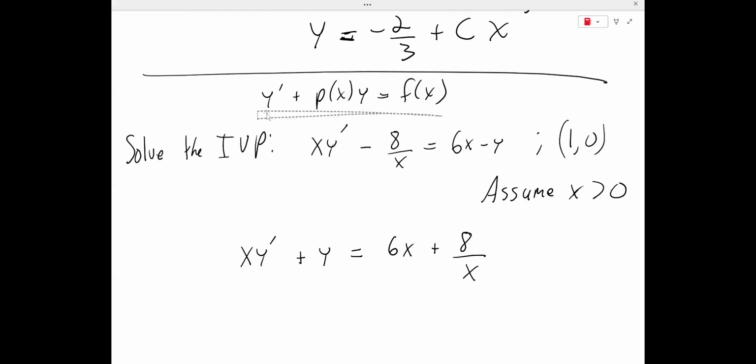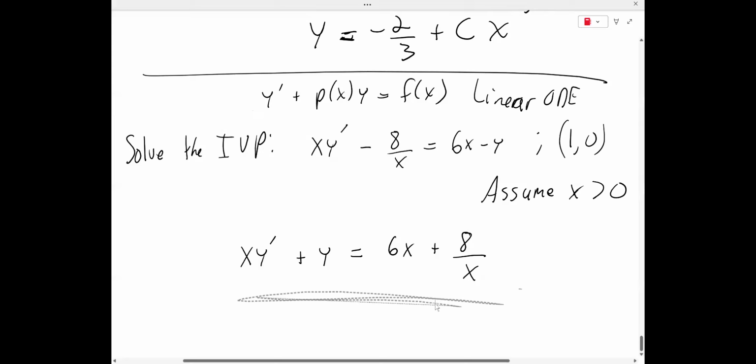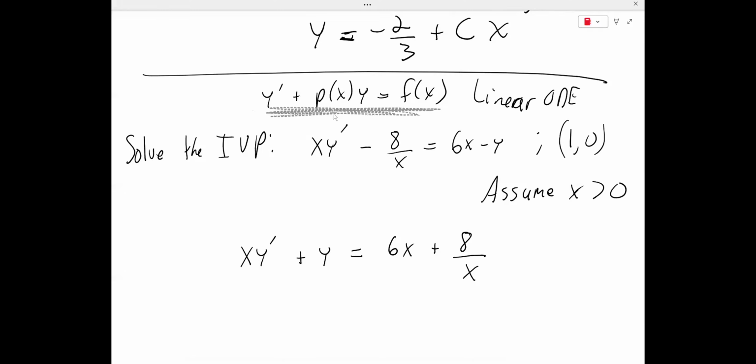This is a linear equation, right? It looks like this. So you want to get it in this form to start. This is a linear ODE. So you want to take this one and write it in this form so you can recognize it as linear. So you get this. And then next up would be what? If I'm trying to get it in this kind of form, I would divide by x, or multiply by 1 over x.